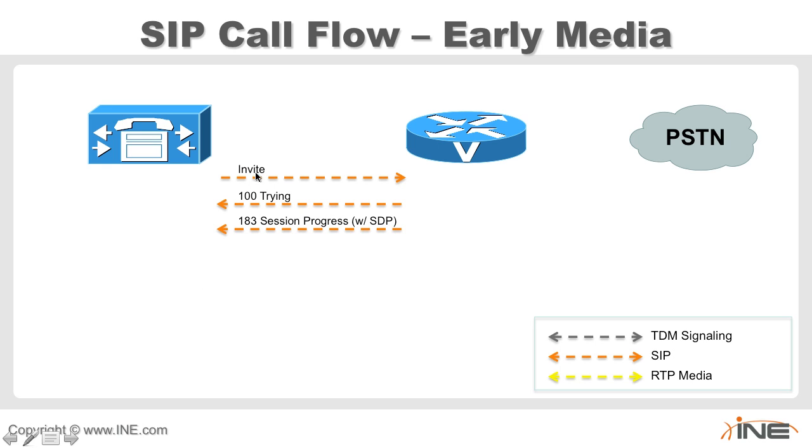CUCM is not configured to support early media by default. However, we can support it. What we have to do is we can do it globally in CUCM service parameters, or CCM, the Call Manager service, the Call Manager service parameters. And this is known as a PRACK, a provisional acknowledgement. And here's the reason. As the 183 or 180 message sends the SDP, we pre-acknowledge.